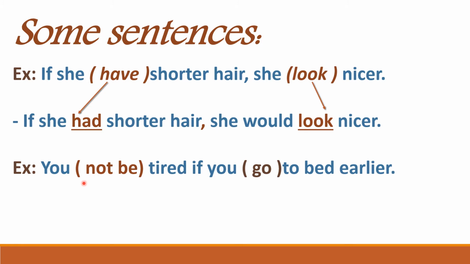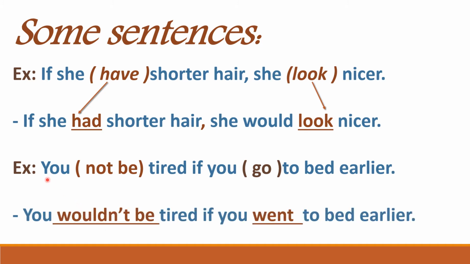So let's see something different here. It is not. We notice this sentence has not between parentheses. So how can we answer it? Let's see. We write you, because the result clause will be subject would infinitive.